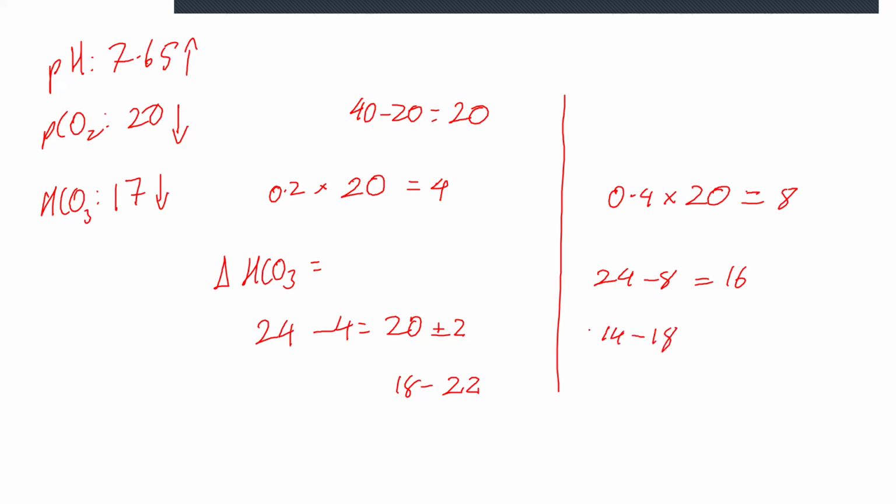Now you'll notice that in this case, the bicarb is within range for a chronic disorder, and so this tells us that this patient most likely has an appropriate compensation for a chronic respiratory alkalosis. If this case was acute, that would tell us that this compensation is inappropriate, the bicarb is too low, and so they have a respiratory alkalosis, and on top of that, a metabolic acidosis.